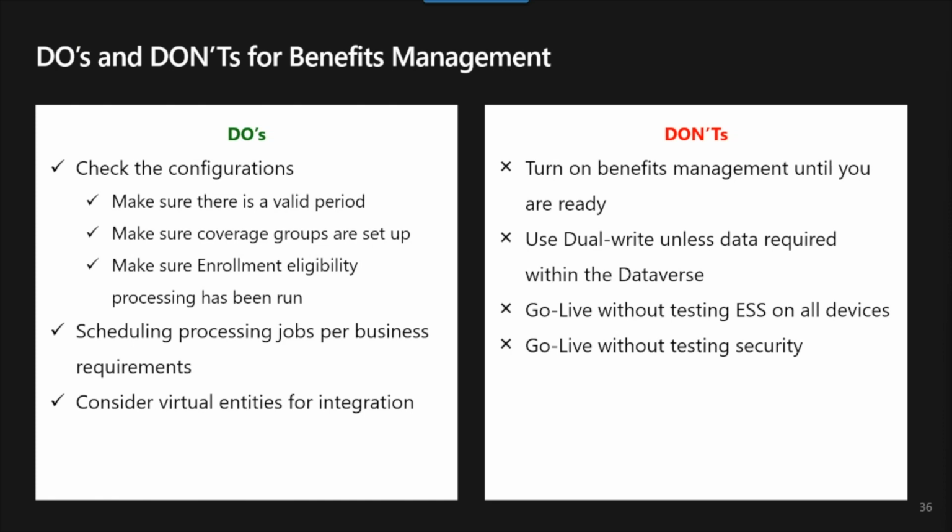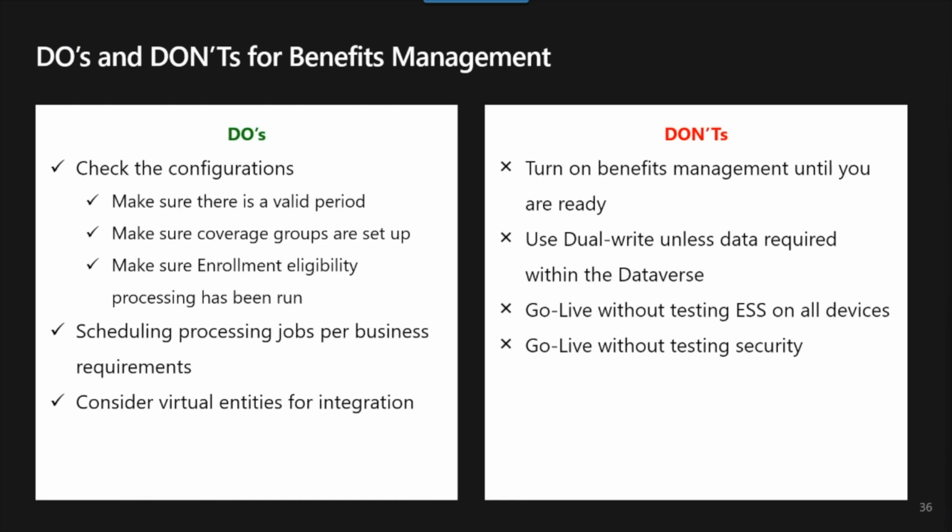The next consideration for your do's is around scheduling and processing the various benefit-related jobs according to your business requirements. You'll want to define the frequency that you're running these batch jobs, but you'll also want to consider the overall batch schedule that you've configured, especially in a combined finance and operations implementation.